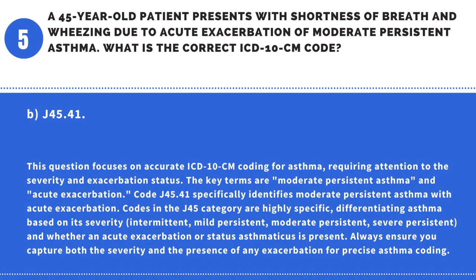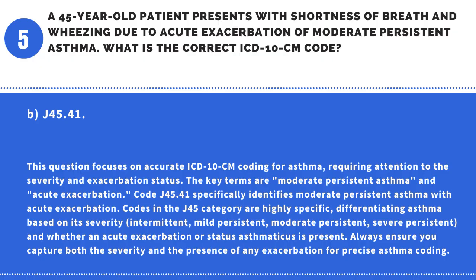J45.41. This question focuses on accurate ICD-10-CM coding for asthma, requiring attention to the severity and exacerbation status. The key terms are moderate persistent asthma and acute exacerbation. Code J45.41 specifically identifies moderate persistent asthma with acute exacerbation.